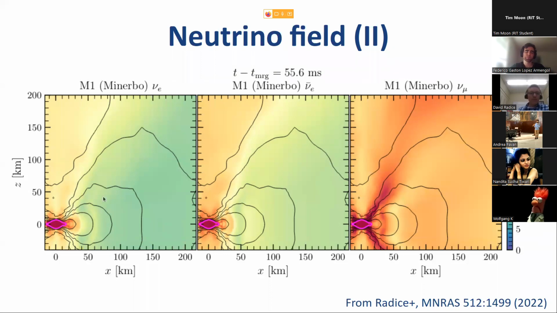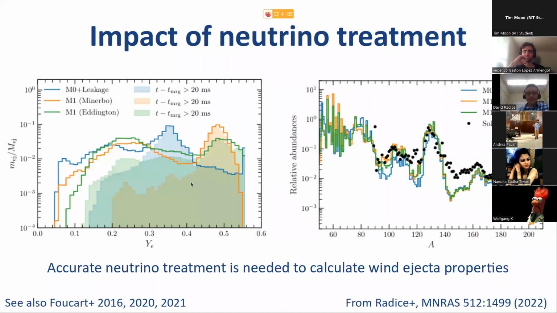And this compounds that effect and makes it so that the composition of the outflow is strongly dependent on the angle. So material tends to be significantly less neutron-rich and can even be proton-rich if it is ejected along the polar direction, and is instead more neutron-rich if it is ejected along the orbital plane.